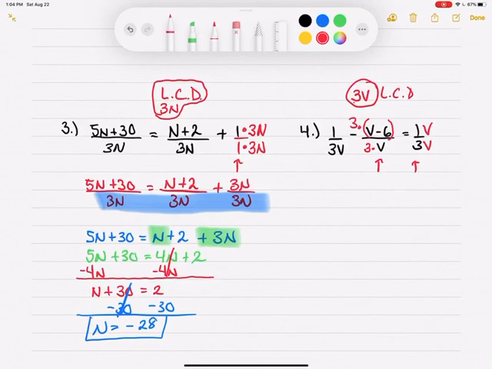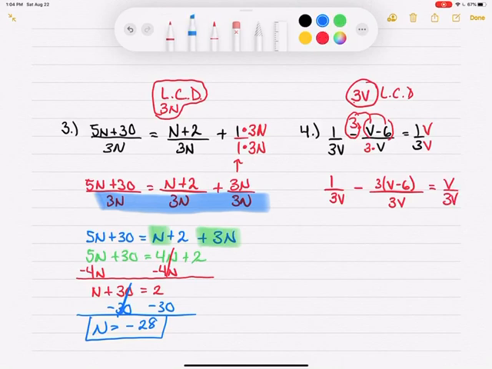So I have 1 over 3v equals, sorry, I have 1 over 3 minus 3 times v minus 6 over 3v equals v over 3v.